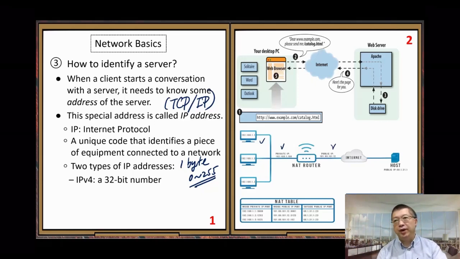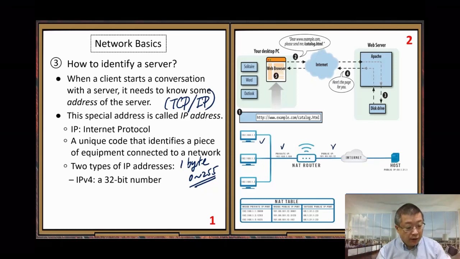Later we have a name for it: dot decimal representation. First we use dots to separate these numbers, then for each one we use the decimal representation. We emphasize decimal because we may have other numeral system representations, for example hexadecimal, which is why we call this one dot decimal representation.